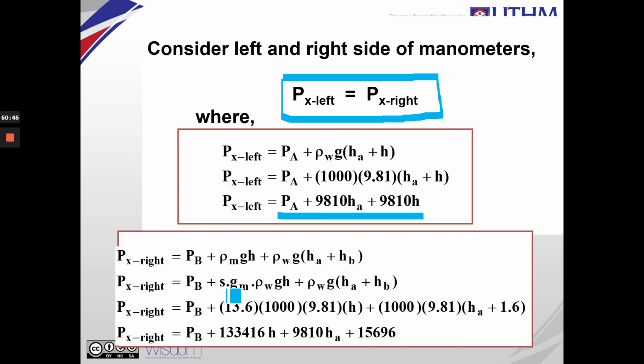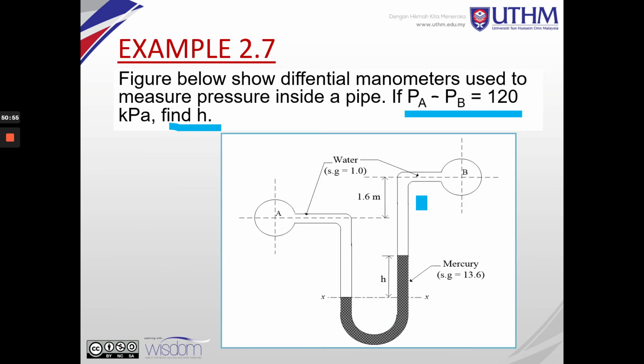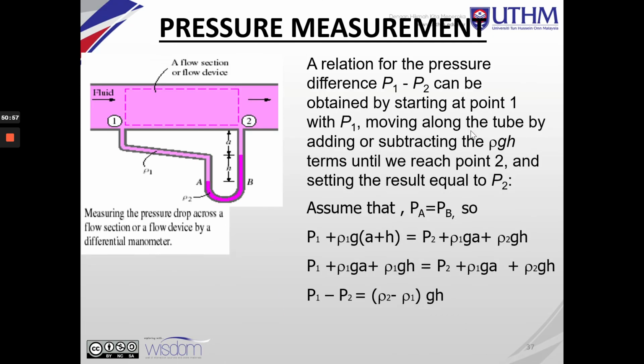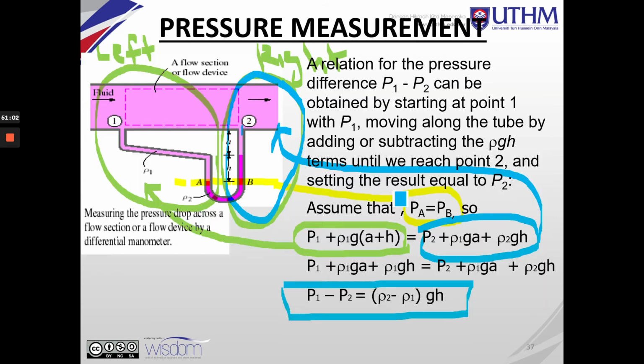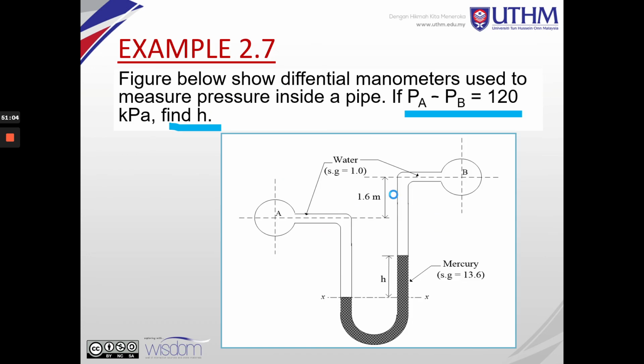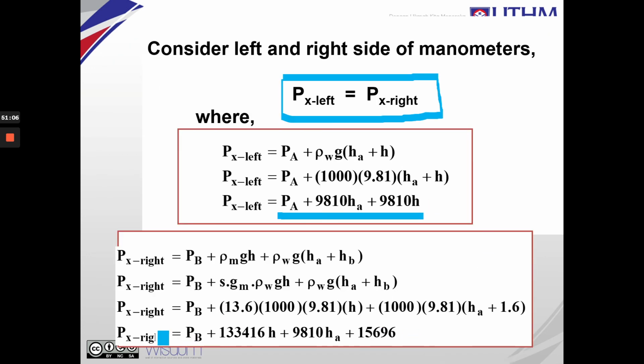So we put all the values in, and we get the terms for X right: PB plus this expression for P right.